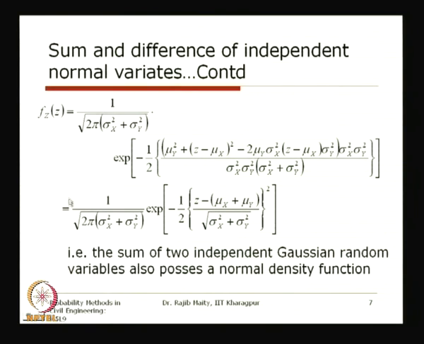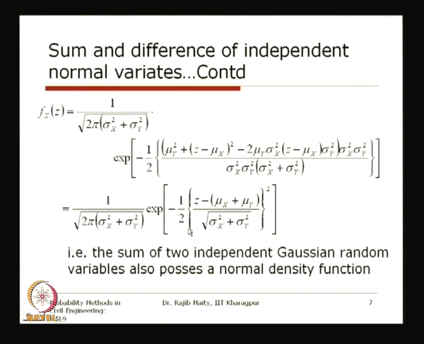Now, if we see this form, for the function z, which is the summation of x and y, this is also a normal distribution with different parameters. What are those parameters? The mean is now the summation of the individual means of x and y, and the standard deviation is the square root of sigma x square plus sigma y square.